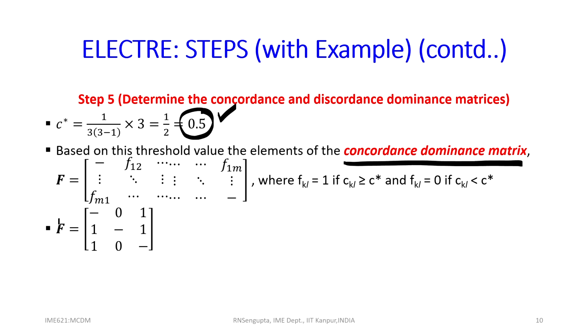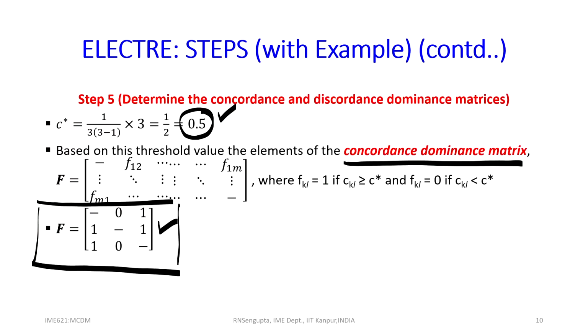This is given by the matrix f, and remember I am trying to compare with respect to the C star, which is 0.5, half. Now, I will try to draw some interesting points. Again, the elements along the principal diagonal are not symmetric, it is asymmetric, and the values are 1 0 1 1 0 1.